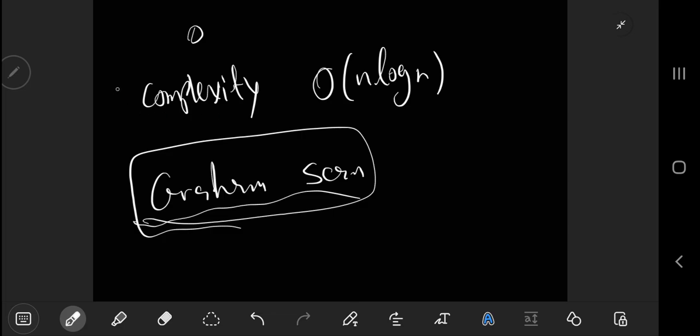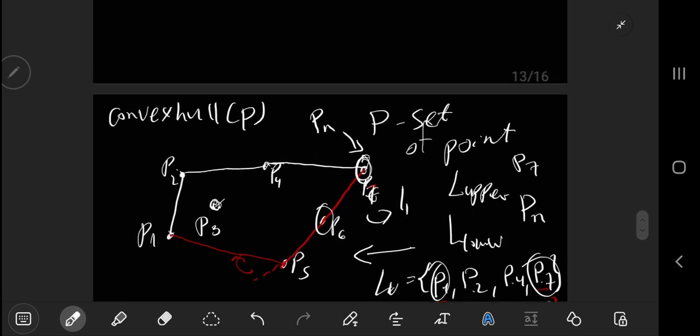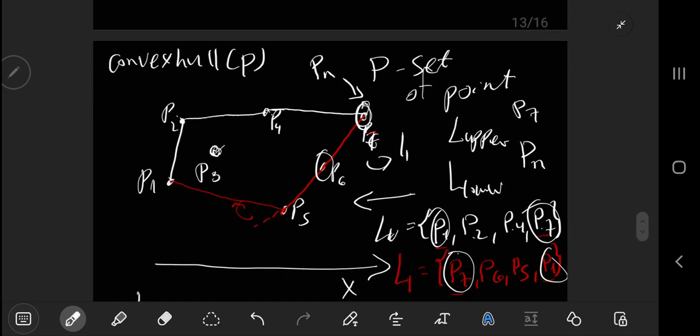Anyway, the time complexity is order of n log n, like sorting usually. So thank you very much. If there are any mistakes or corrections, please tell me, and that's it.